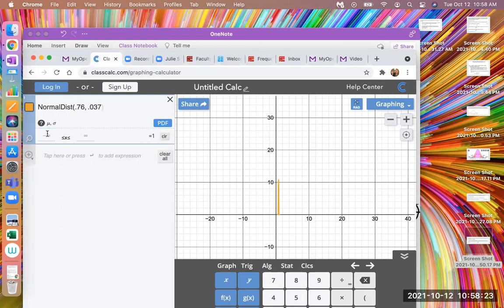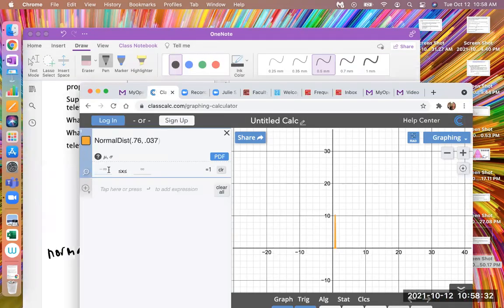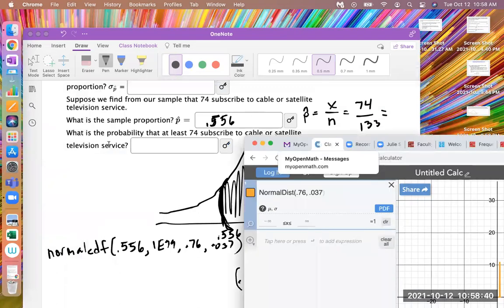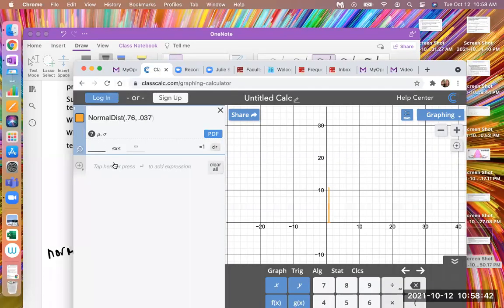Okay, now we put the lower bound on the left and the upper bound on the right, since the X is in the middle. The lower bound is 0.556, and we might even want to be more accurate with that.